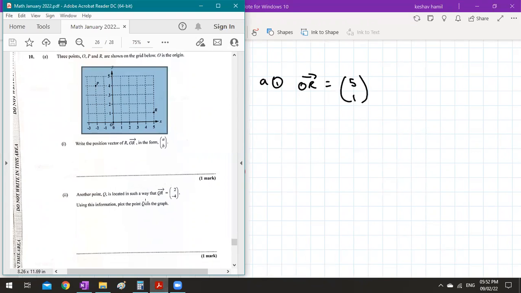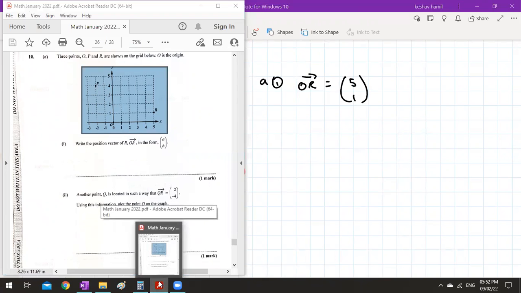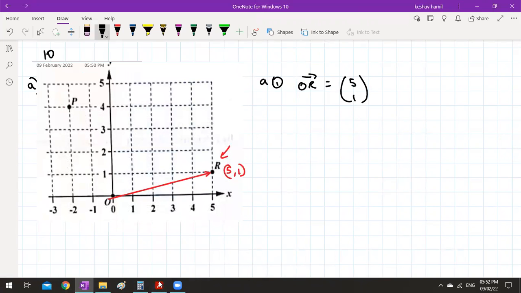Another point Q is located in such a way that QR is 2 and negative 4. Using this information, plot the Q point on the graph. Now, QR means that you're going from Q to R. But in order to find where Q is, we need to minus the vector from the position R. So what does that mean?